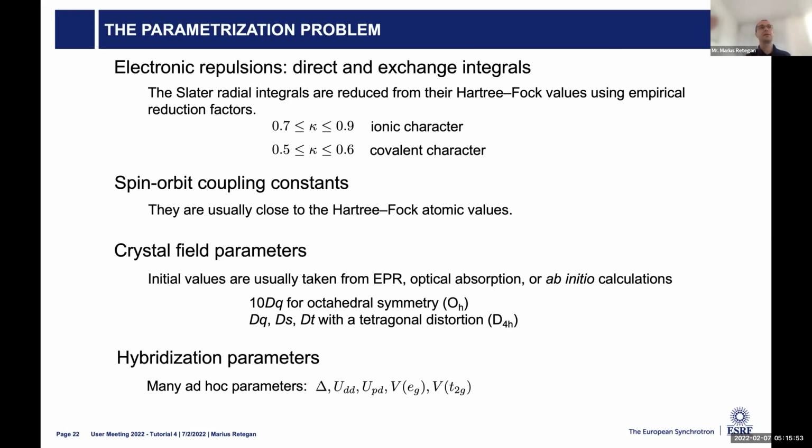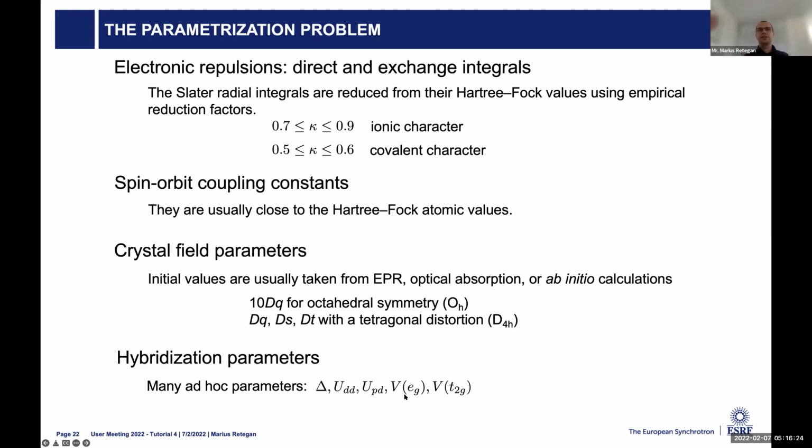Because of this, you have a set of parameters to describe your system: the electronic repulsions between electrons, the spin-orbit coupling constant, crystal field parameters, and these hybridization parameters. You can take all of these initial values, for example, from other types of experiments, EPR, optical absorption, or even ab initio calculations.